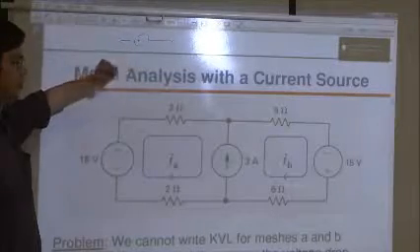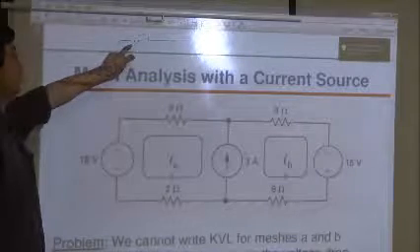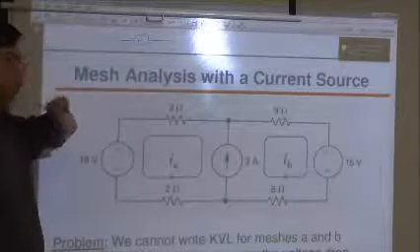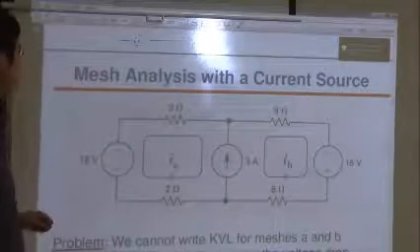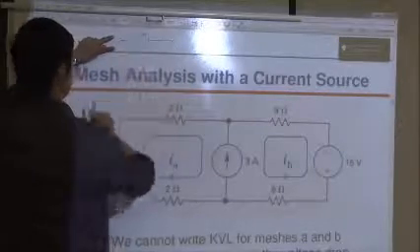There's no Ohm's law to correlate the voltage of the voltage source and the current through it. So there is no independent equation. So the only independent equation is this node, and this node is different by this voltage source.